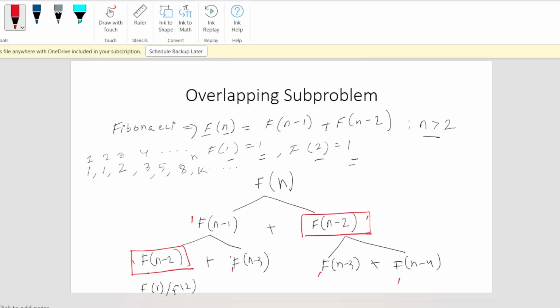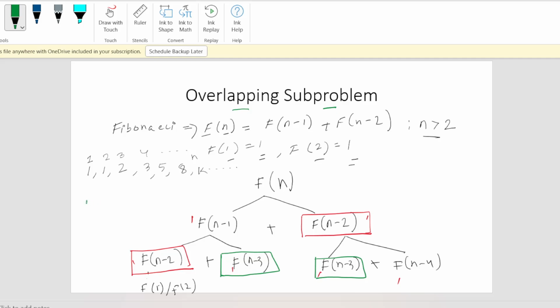Again, this subproblem, let me use a different color. Again, this subproblem is occurring more than once. So when there are subproblems occurring more than once, we call that overlapping subproblem. Okay.